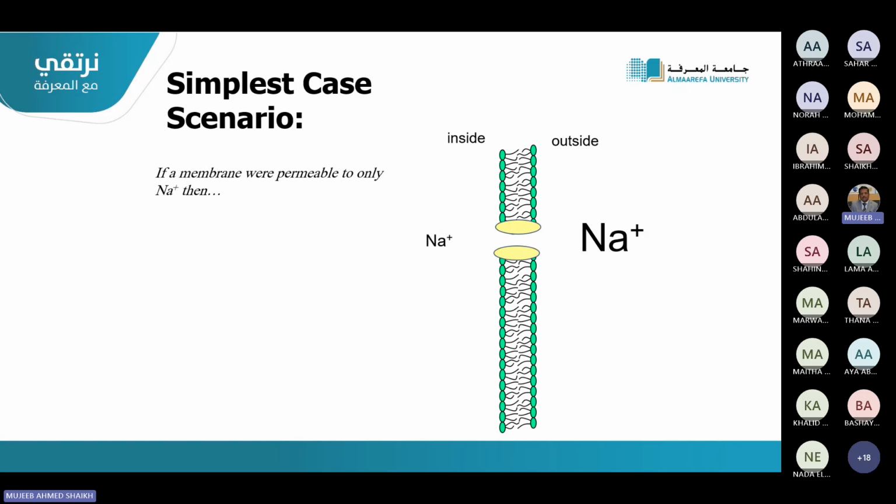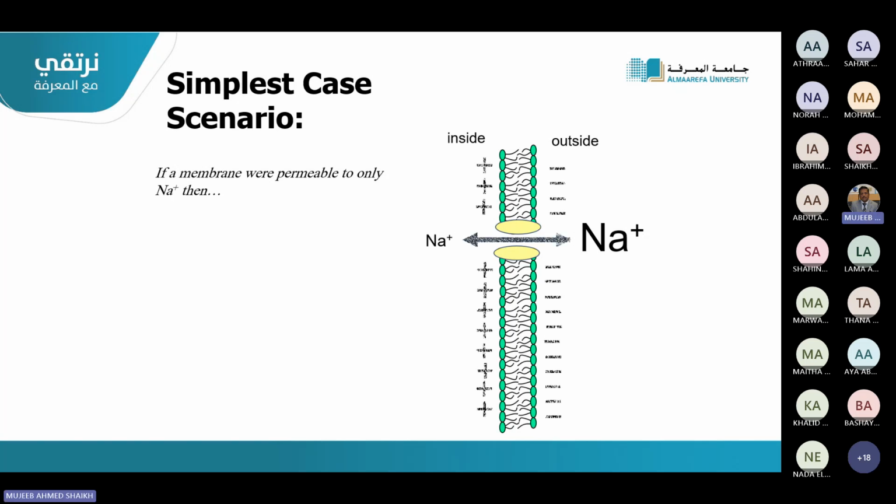Similarly, if we think that only sodium is there in the cell or outside the cell, you know that sodium is more outside the cell, 142 millimole. So they will try to go from higher to lower side. They will start to move from higher to lower side. Now positive ions are moving towards positive ions.